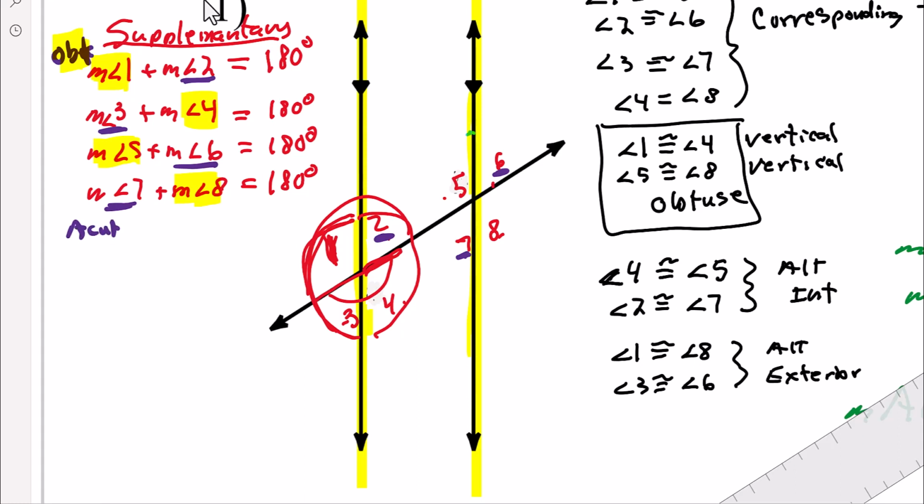In this relationship, each acute plus each obtuse will add up to 180. So, for example, angle 1 and angle 7 actually add up to 180, even though they don't have a given relationship.